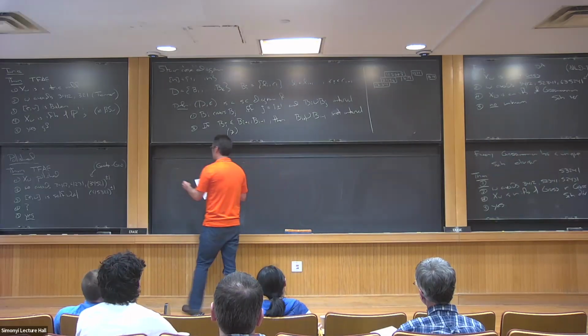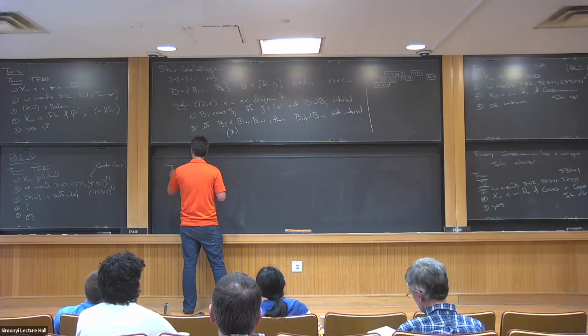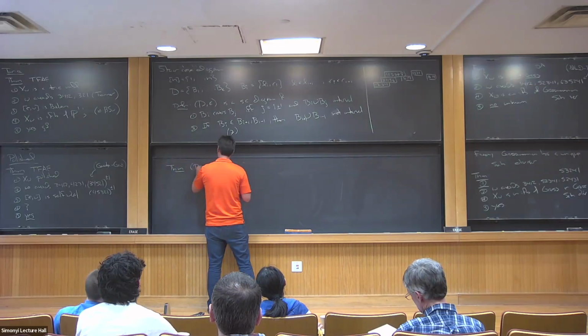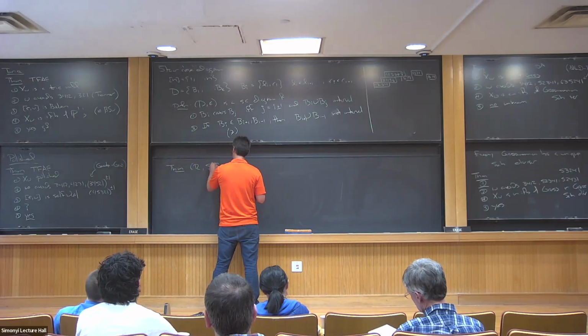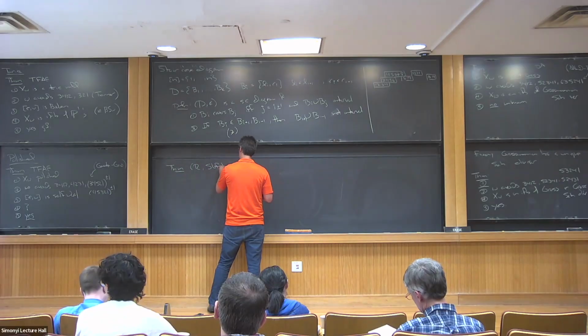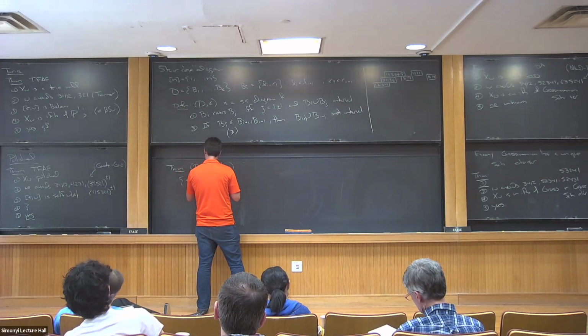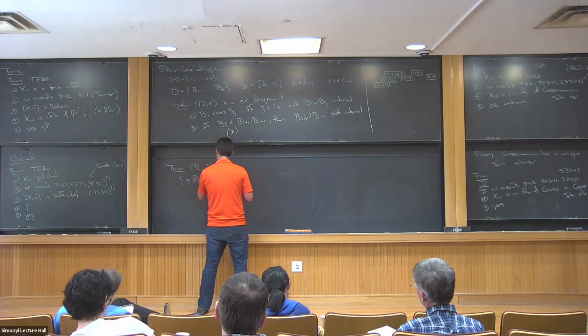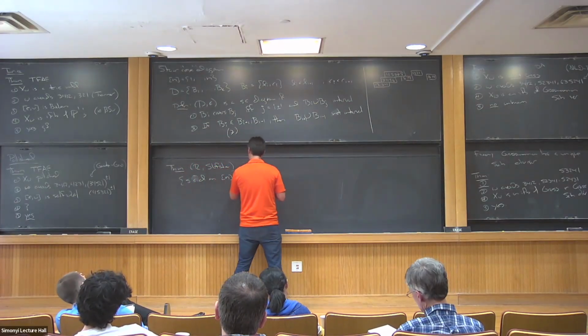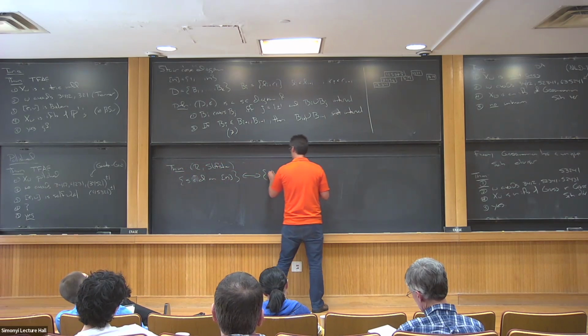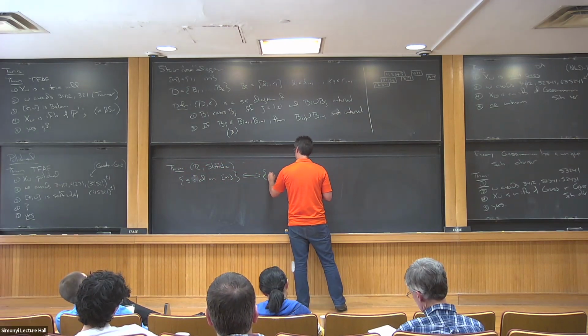Use the backward. So the theorem, and this is due to myself and William Slofstra, is that staircase diagrams on N are in bijection with smooth permutations.